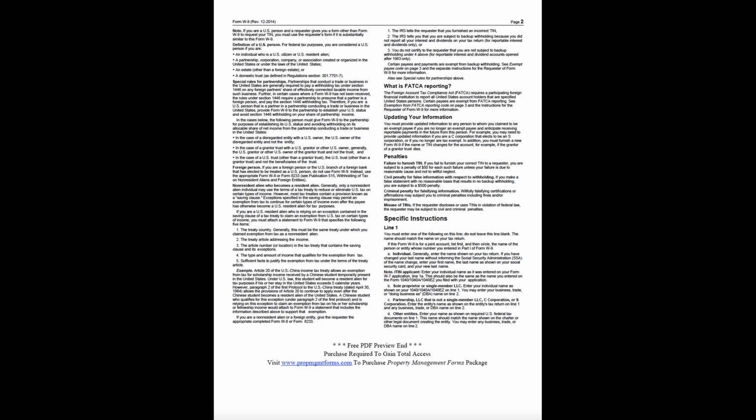If you have changed your last name without informing the Social Security Administration, SSA, of the name change, enter your first name, the last name as shown on your Social Security card, and your new last name. Note: ITIN applicant, enter your individual name as it was entered on your Form W-7 application, line 1A. This should also be the same as the name you entered on the Form 1040/1040A/1040EZ you filed with your application.